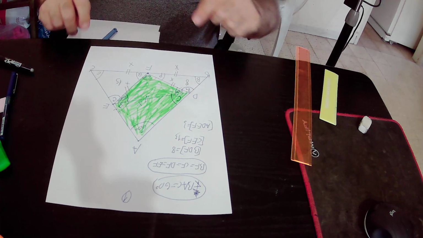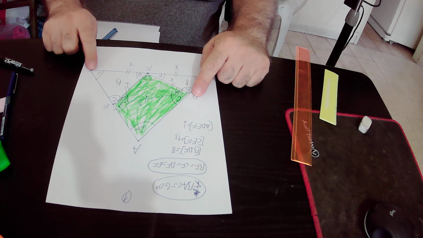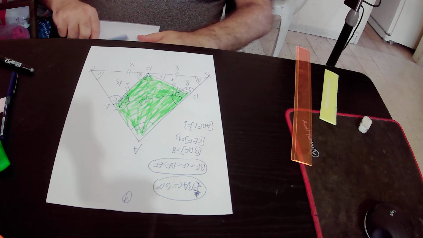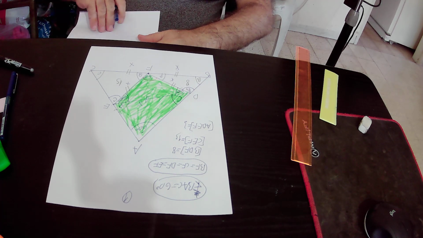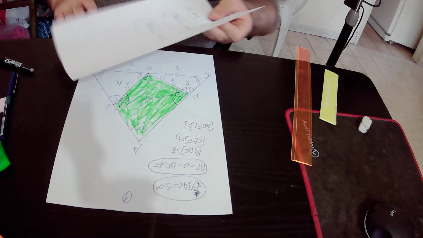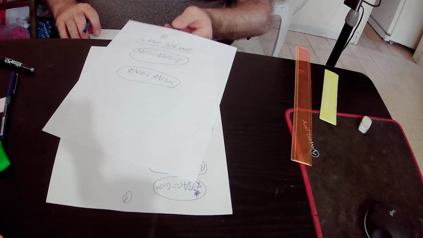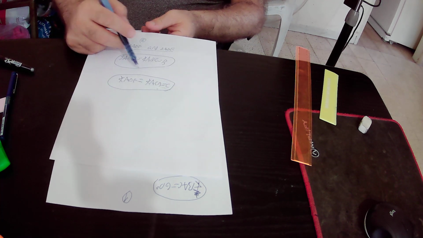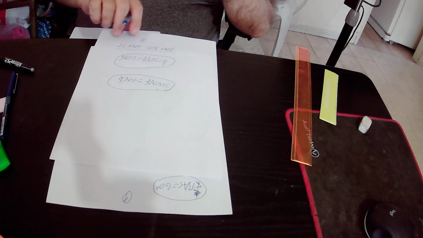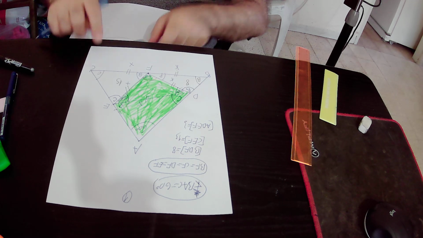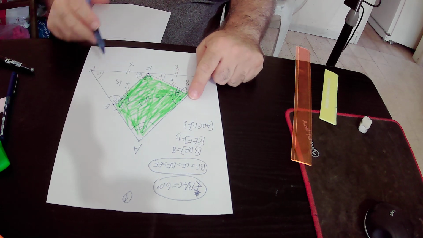Those two angles are equal to each other, and both are equal to C. Again, angle ADE equals angle ACB, and both those two angles are equal to C.